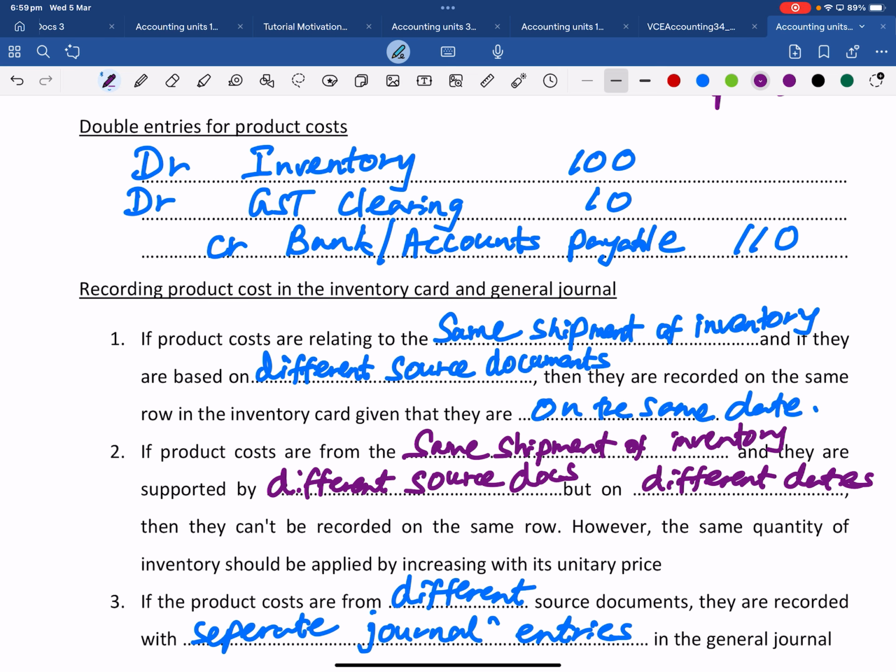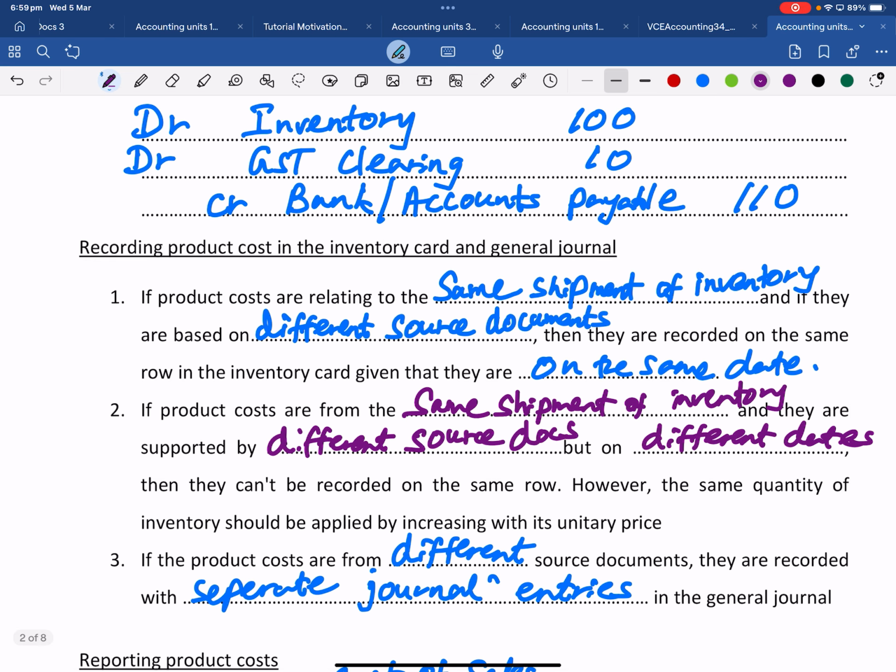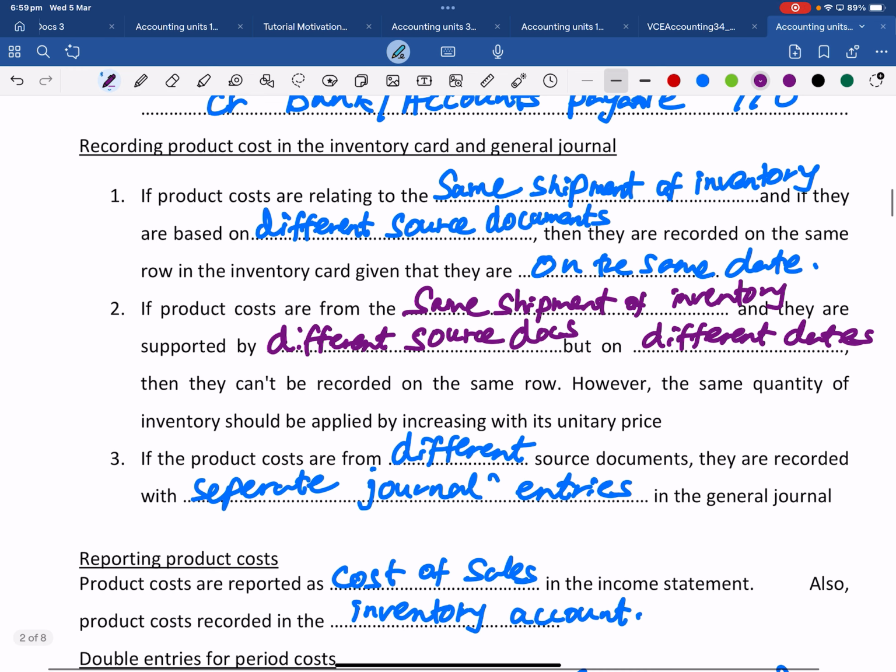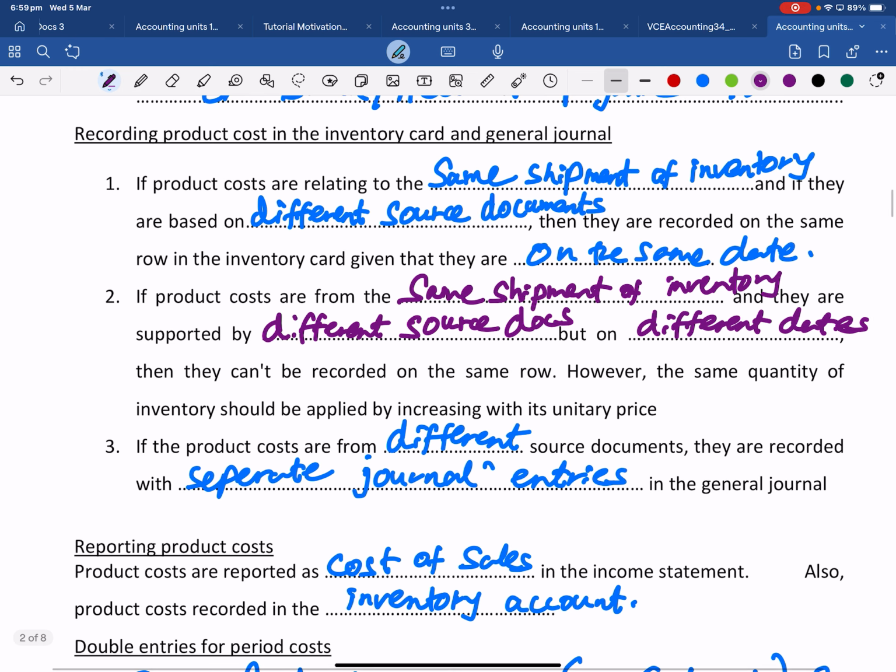Why do we have both of them? If we paid in cash, we credit the bank. If we purchase on credit, we credit accounts payable. Now this is how we record the product cost in the inventory card and the general journal.